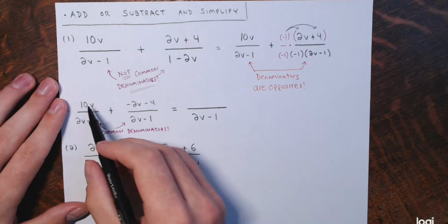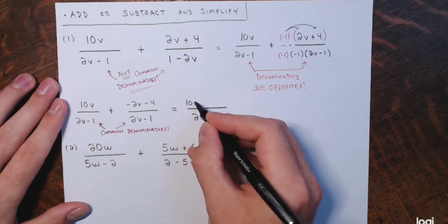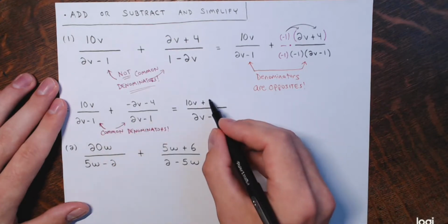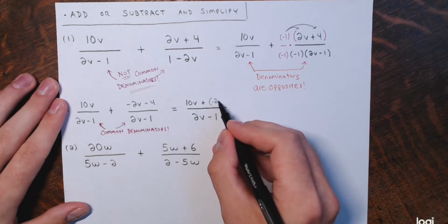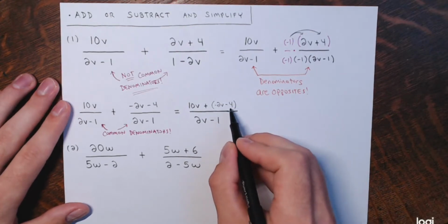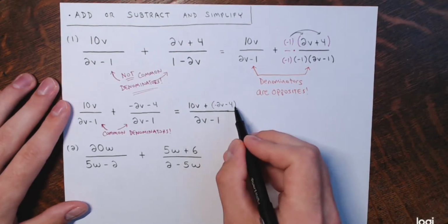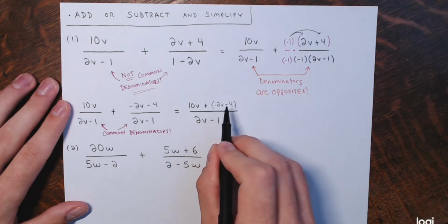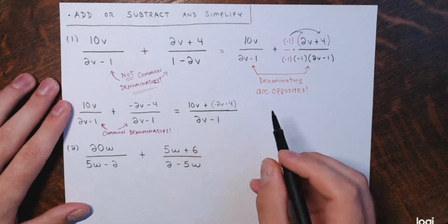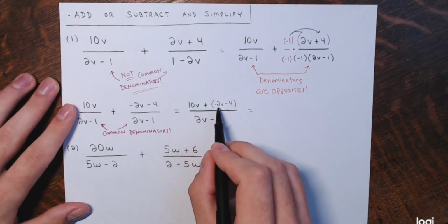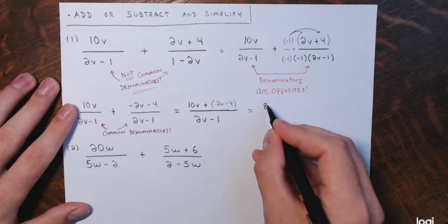So I'm taking 10v, the first numerator, plus, and then the second numerator, negative 2v minus 4. And usually when something has more than one term, I'll put parentheses around it. But with addition, you don't need to, because it's like multiplying by positive 1. But then I combine like terms. 10v plus negative 2v would be 8v.